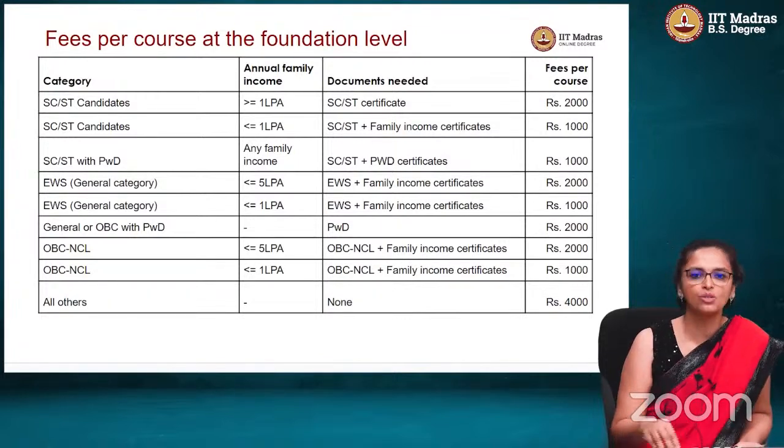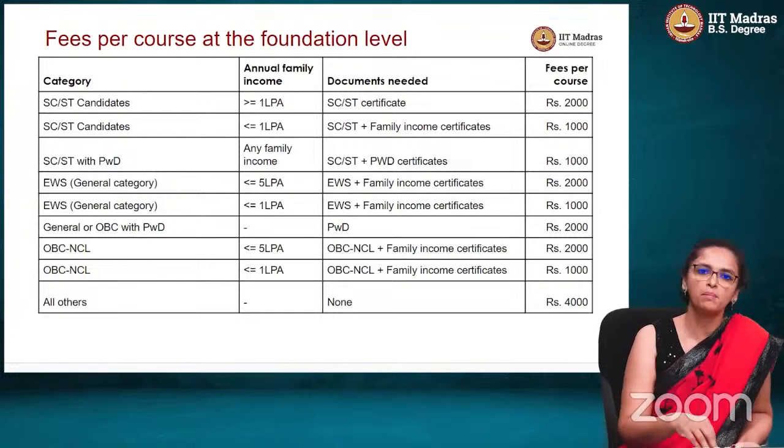So if you register to 2 courses and I belong to the general category, say, I will pay only rupees 8,000. If I belong to, say, the OBC NCL less than 1 lakh per annum income category, then I will pay only 2,000 rupees in that term for the 2 courses that I register.